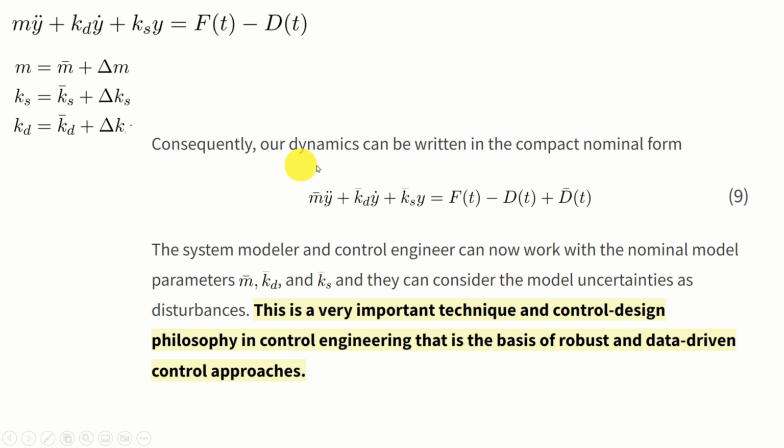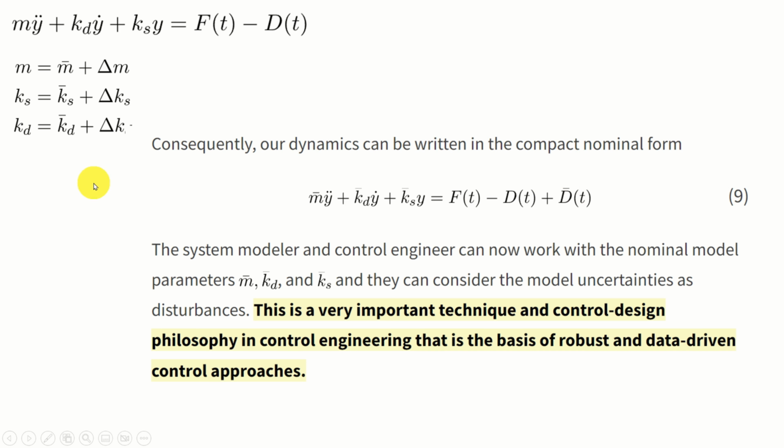Consequently, our dynamics can be written in this compact nominal form, where on the left hand side are the things we know. Then on the right hand side we have the force F, and that's our control force. Then we have the external input disturbances, which are not known, and then we have the internal input disturbances represented by this term d bar.